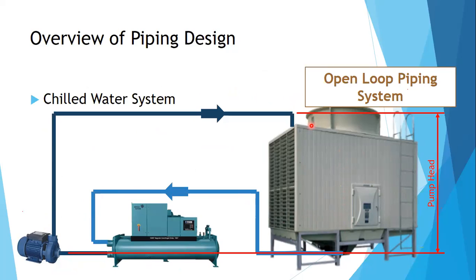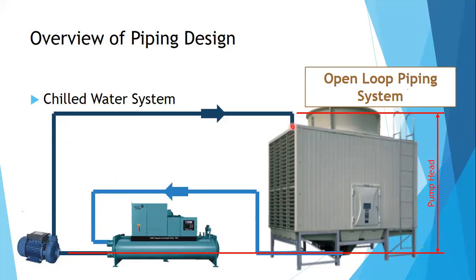This side, the cooling tower side, is an open loop piping system. Because it's an open loop piping system, the pipe pressure loss is always equal to the friction loss, but we will use the pipe pressure loss as the static pressure required by the pump, or the pump head.